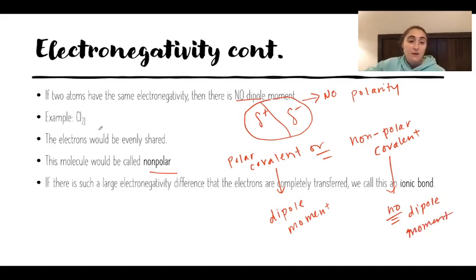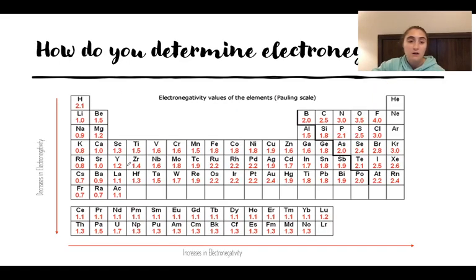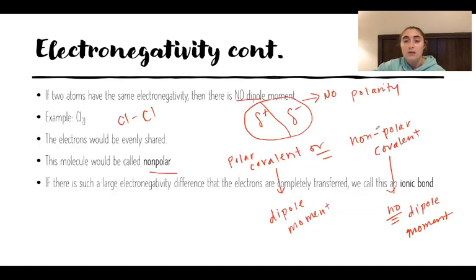So in this case, if I'm bonding together two Cls, their electronegativities are going to be the exact same, 3.0 and 3.0. So because there is no difference, there's no plus or minus charge, partial positive, partial negative, so there's no dipole, so there is no polarity. So we are nonpolar covalent, but chlorine is a nonmetal paired with a nonmetal, so nonpolar covalent.